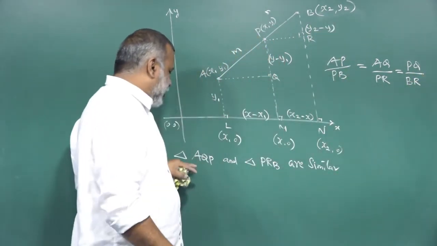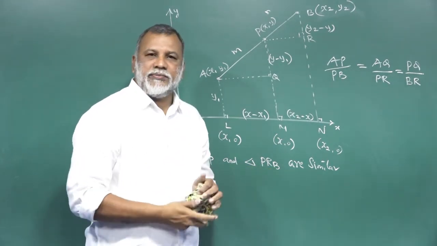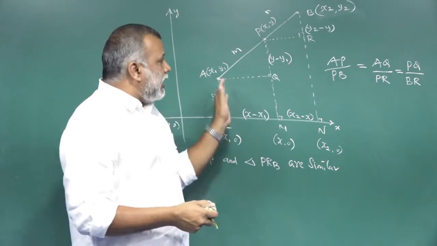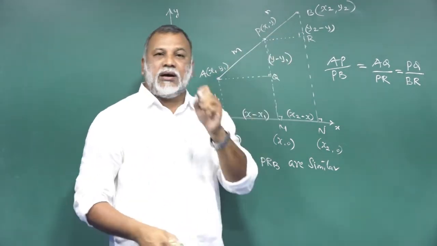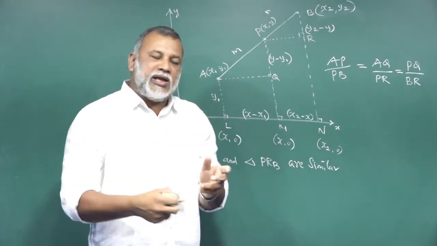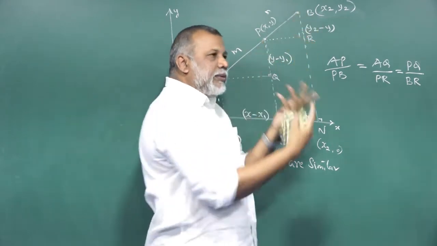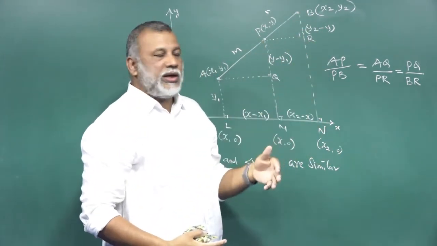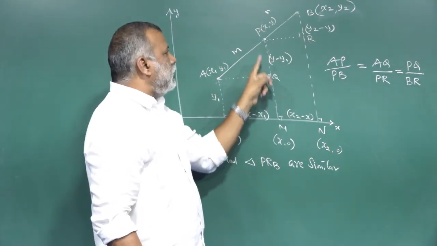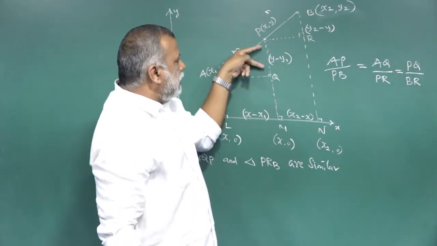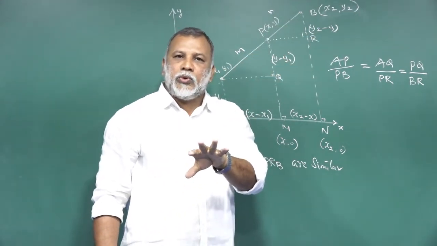So dear students, AQP and PRB are similar triangles. In similar triangles, the corresponding sides are proportional. What is the meaning of corresponding side? AP is the hypotenuse, here BP is the hypotenuse. These two are corresponding sides. So AP divided by PB, AQ divided by PR, then PQ divided by BR. These three ratios are proportional.